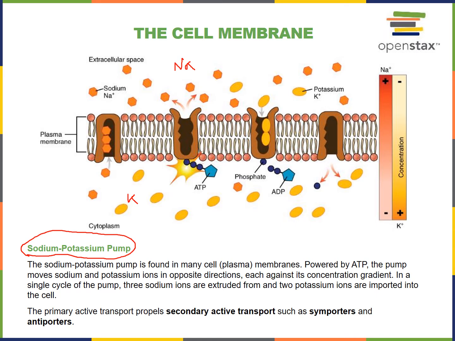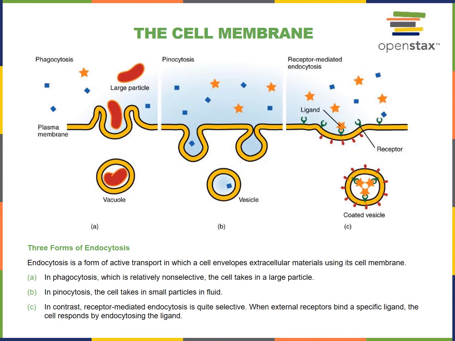The pump moves sodium and potassium ions in opposite directions, each against the concentration gradient, in a single cycle of the pump. It's exactly like moving 3 sodium from inside. After the action potential, you send them outside, but the same pump is going to bring 2 potassium inside to keep the balance of this cell.